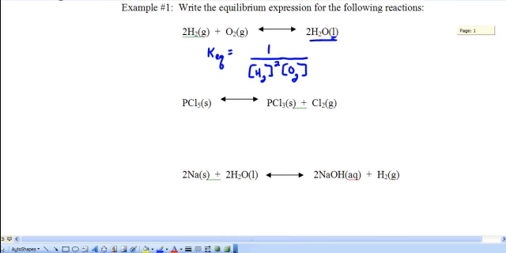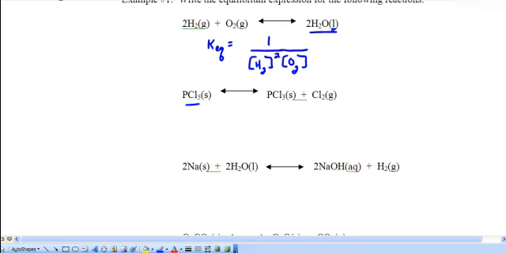In the next one down, we have solid phosphorus pentachloride in equilibrium with solid phosphorus trichloride and chlorine gas. So in this case, KEQ will simply equal this, which is just a 1, times this divided by this, which is just a 1, so it's simply going to be the chlorine concentration. That is it. If you want to pause this, you can finish up the last two on your own, and then we can get back together.